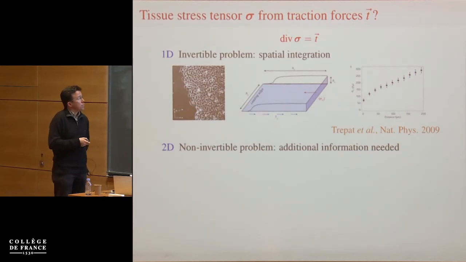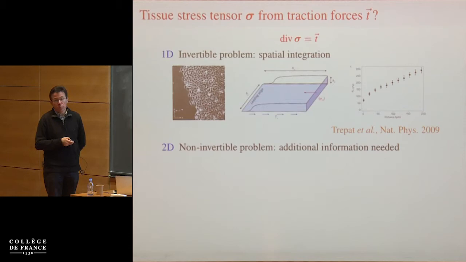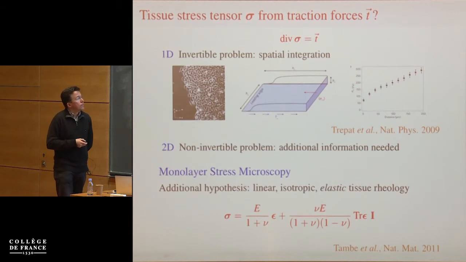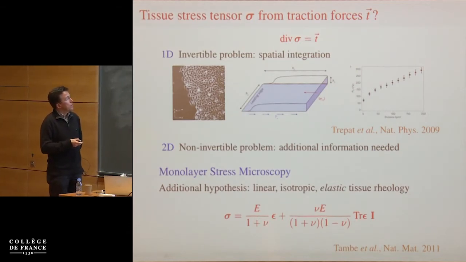When the system is 2D, this trick does not work. And so some people have added additional information on the mechanics of the tissue in order to make the problem invertible. In practice, Trepat and collaborators have assumed a linear isotropic elastic rheology for the tissue.